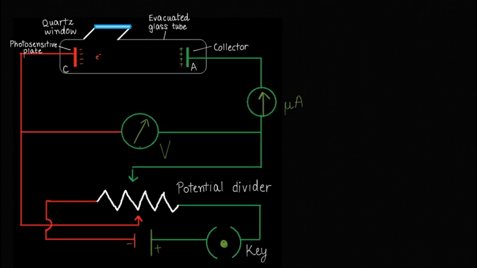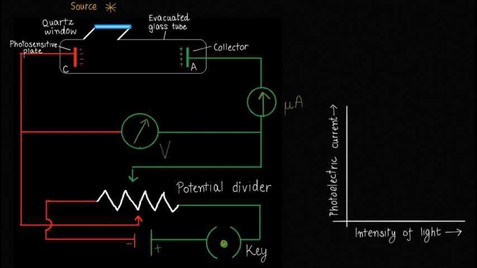So you have applied an electric field. You have given direction to this electron to flow from your negative plate, the cathode, to your positive plate, the anode. So this is the direction of the applied field.